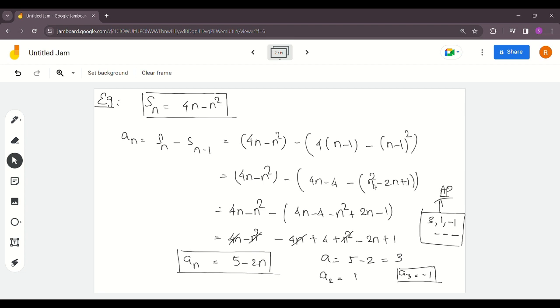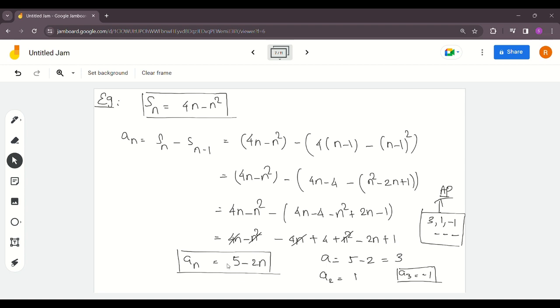On removing the brackets, you will get 4n minus n square minus 4n plus 4 plus n square minus 2n plus 1. Now 4n and 4n get cancelled, minus n square plus n square get cancelled, so you will get the answer as 5 minus 2n.